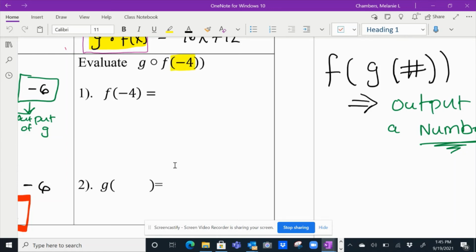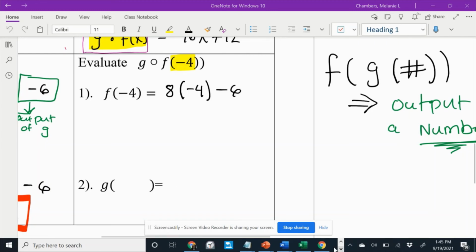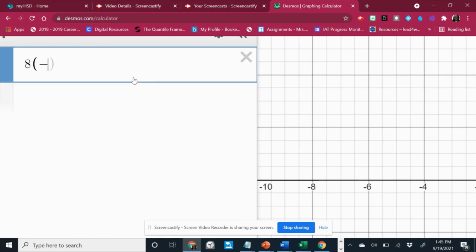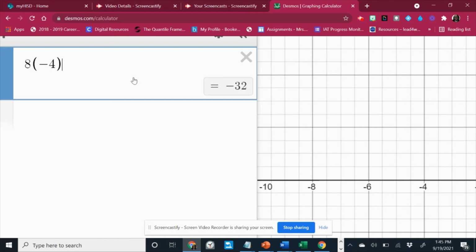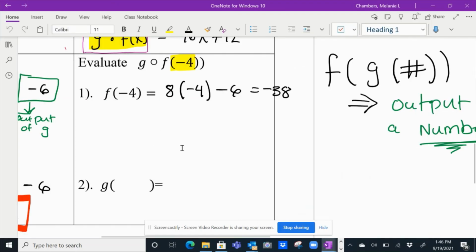Alright, so let's do our last one where we are going to evaluate g of f of negative 4. So we're going to put negative 4 in our f equation, and using my Desmos calculator I get negative 38. So I'm going to go back and put in negative 38. This is going to become the input of the g equation now.